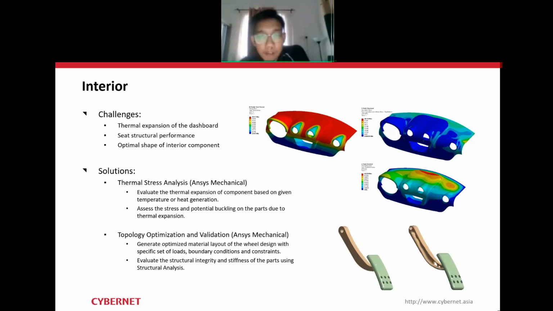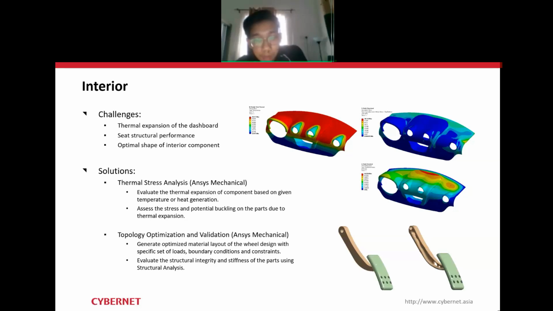Some challenges may arise when it comes to the interior parts of a vehicle, including something like the thermal expansion of a dashboard, for example, under constant heat. Or maybe some people might be interested in finding a way to optimize the shape of some of the interior components. Ultimately, this kind of problem can be solved with the help of structural simulation.